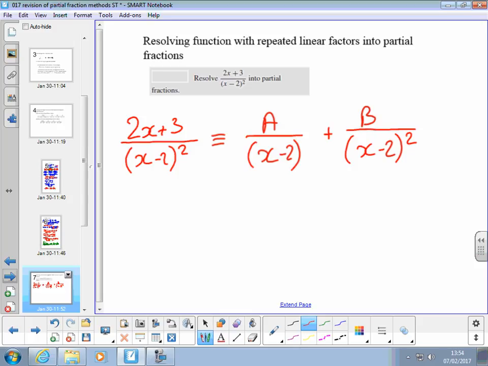So we've got to say that's equal to something over (x minus 2) squared. What have we had to multiply this side by to make that denominator (x minus 2) squared? The B denominator.